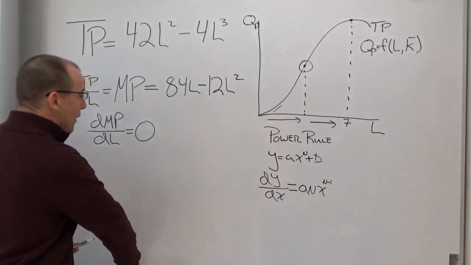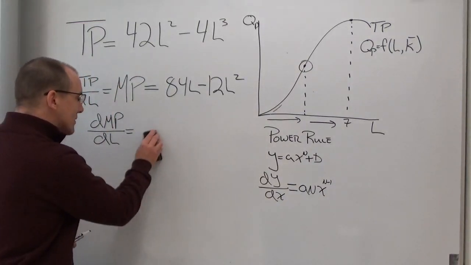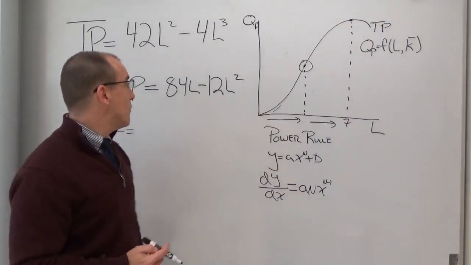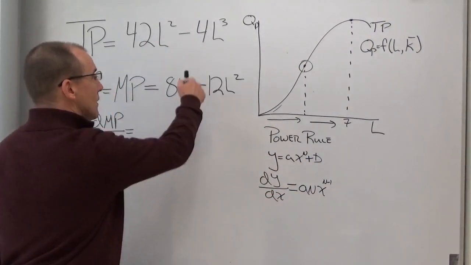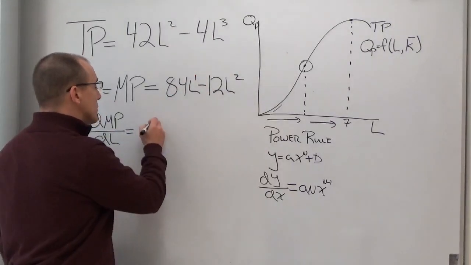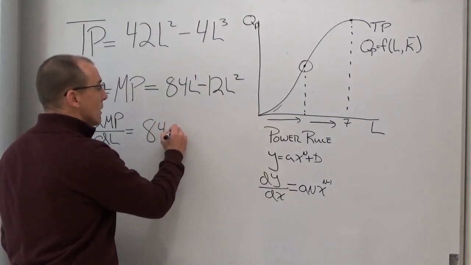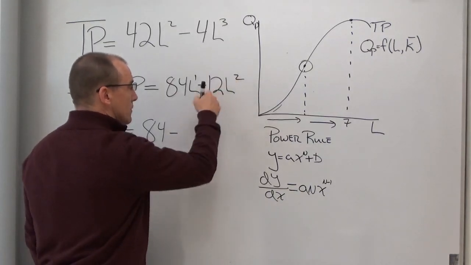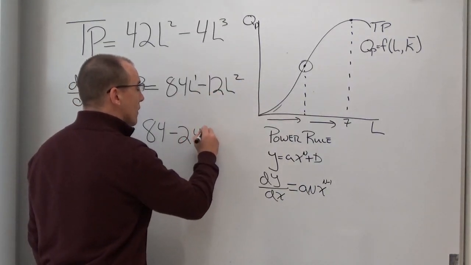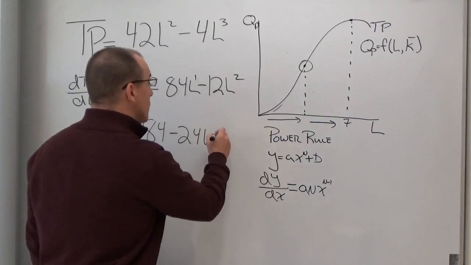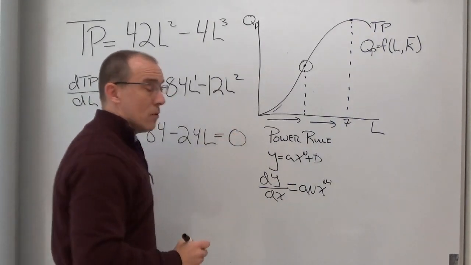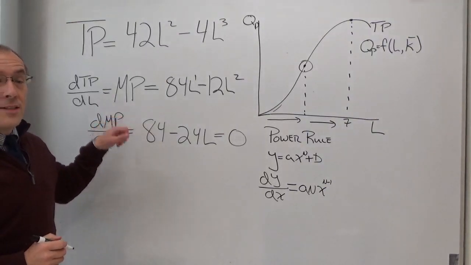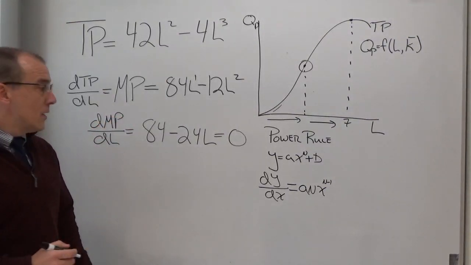Well, how will I do that? I will do it the same way that I did it before. Power rule. Quite simple. I have my equation. This is L to the 1, so this becomes 84 minus 12, because the 2 comes down, gives me 24L. And I'm looking for where all of this is 0, where adding an additional worker will yield no additional marginal product.